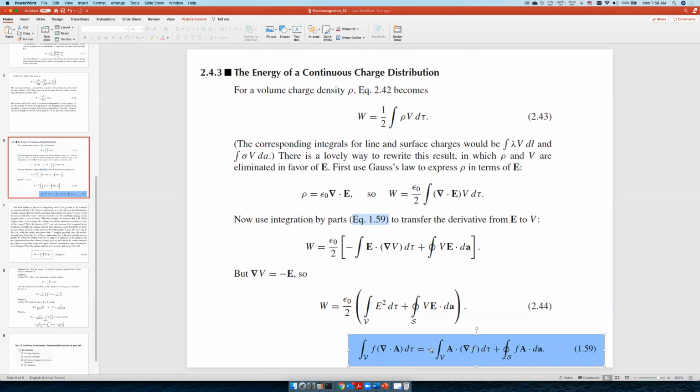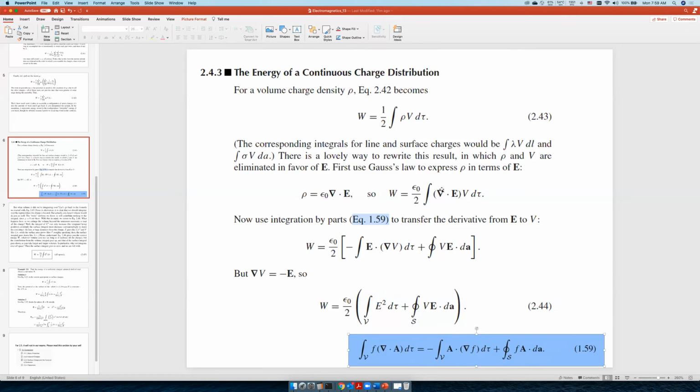And then if you use this equation to convert the work calculation here, the work becomes this.